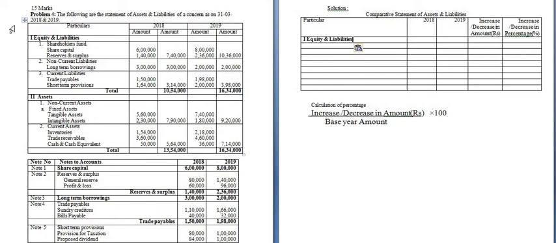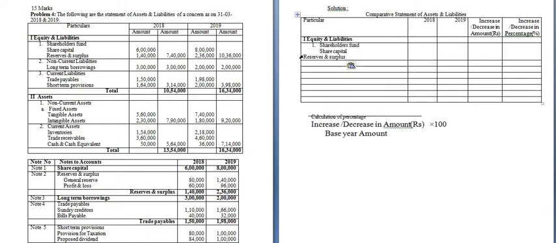Okay. And under this, first point is shareholders fund.